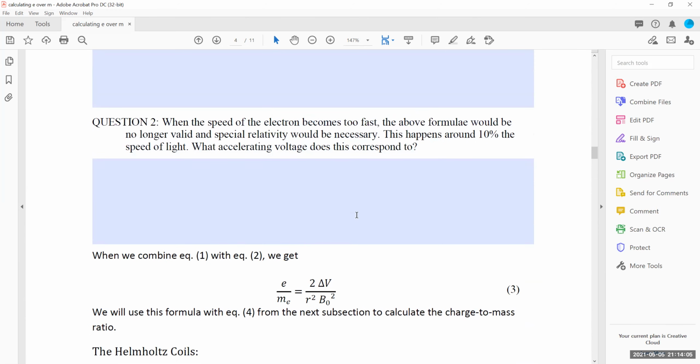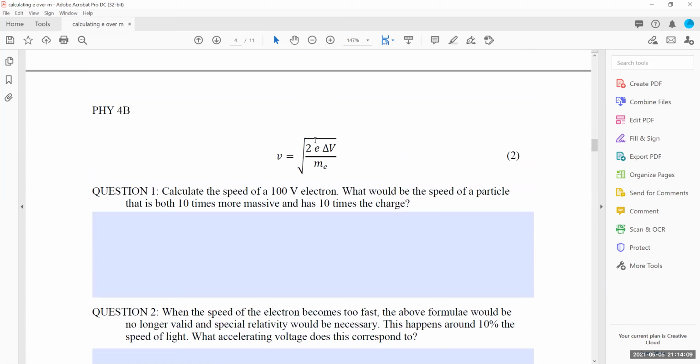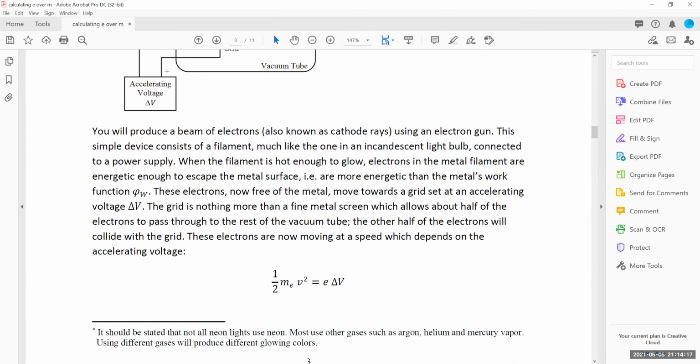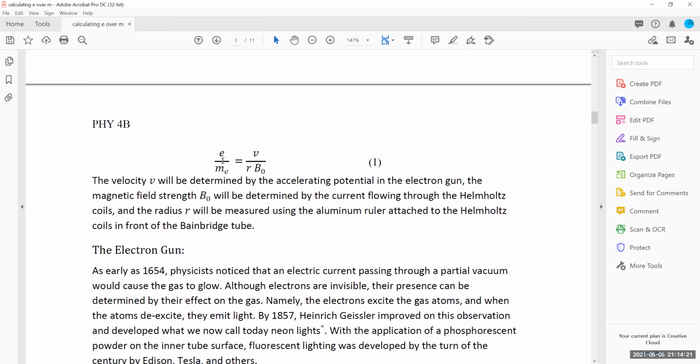So, assuming that this is done, this is V. I'm going to go again. V has a square root of E over M in it already. I know you have a 2 in delta V. Forget about the 2 in the delta V for a moment. But it has an E over M in it. And then you have an E over M up there that involves V. So E over M has a V in it. So if you plug in the square root of something times E over M, square everything, there will be an E over M squared on one side and E over M on this side.